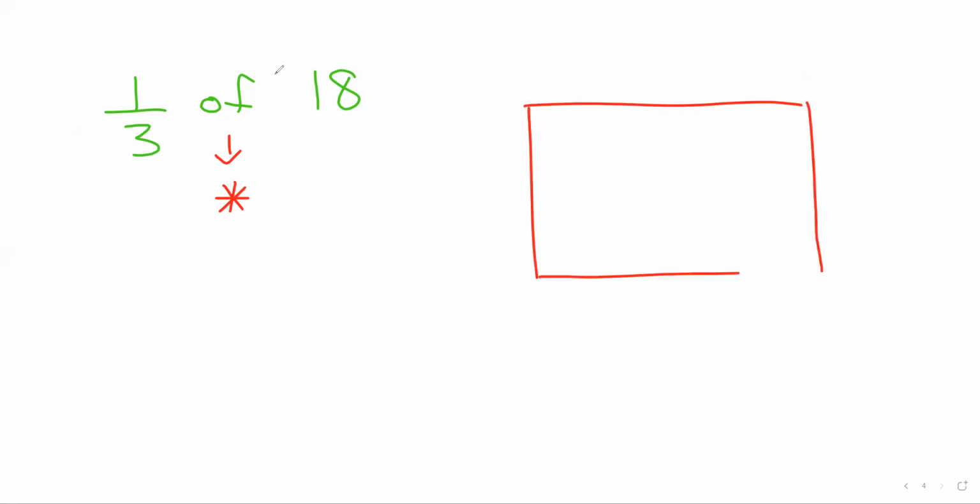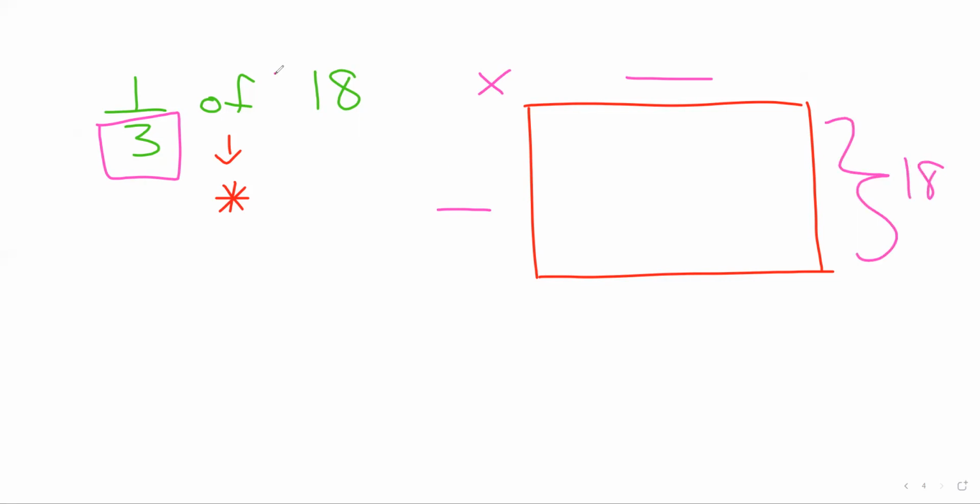So let's take another problem. Again, we're using that fraction of, so we have 1/3 of 18. And again, the first thing I want to do is think, all right, "of" is multiplication, and multiplication is area, and area is an array. If I look at my denominator, it tells me that one of my numbers, something times something, is going to equal 18. Well, one of my numbers is 3.